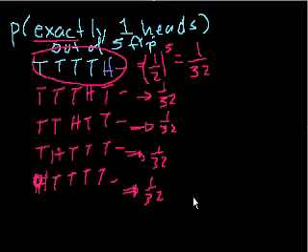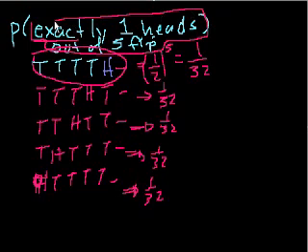We're essentially saying that out of the 32 outcomes, 5 satisfy the event we're looking for, exactly 1 heads out of 5 flips. And so, using that definition, and only if all of the outcomes are equally probable, the probability is 5 over 32.